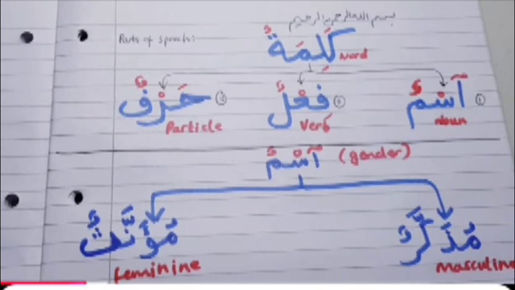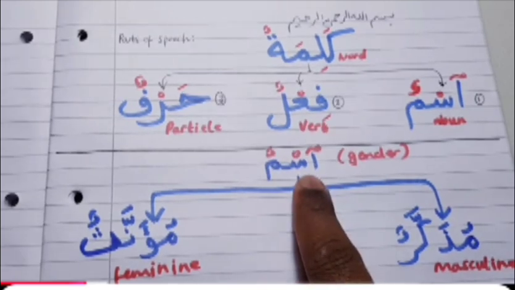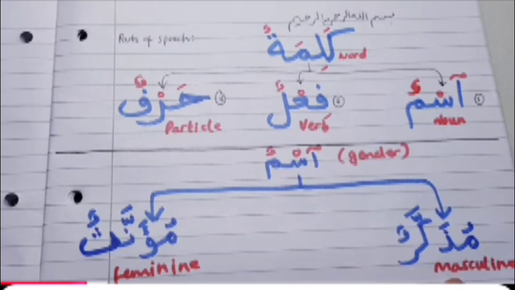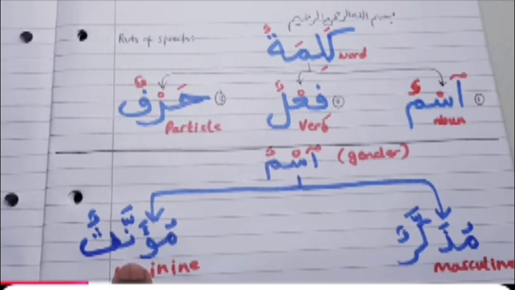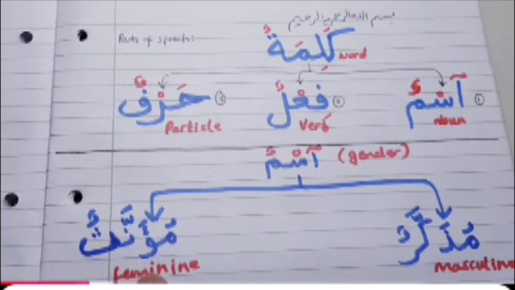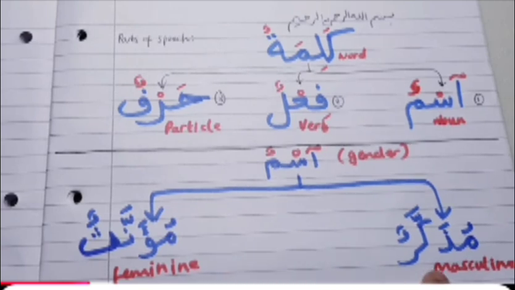So every noun in the Arabic language has a gender, and this gender is either going to be masculine or feminine. In Arabic we say mudhakkarun or mu'annathun. Whether it's a living being or a thing or an object or a concept, it's going to have a gender.